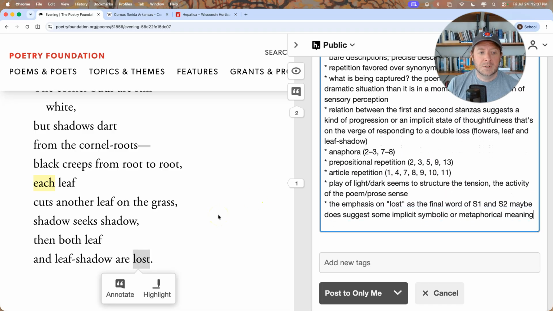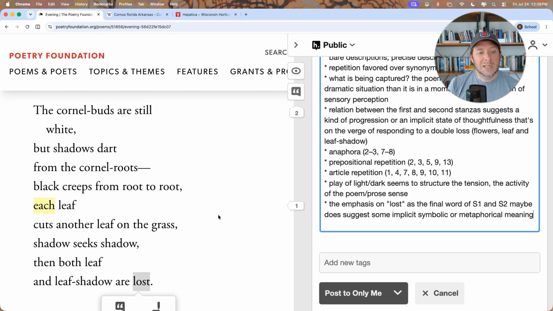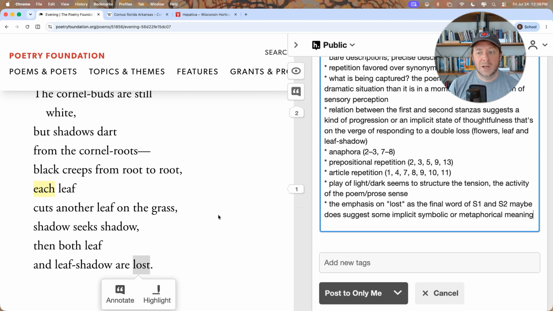Other figures of speech, I don't necessarily think so. I mean, maybe animation of adjectives like black. Black is an adjective, but it's then animated, not apostrophized, not spoken to, but animated as an entity of sorts.